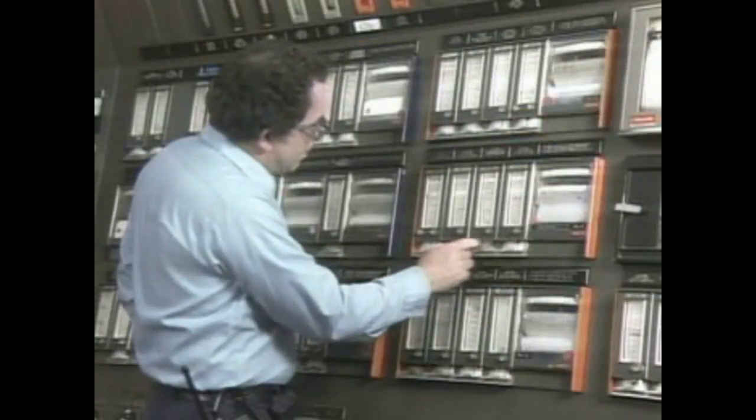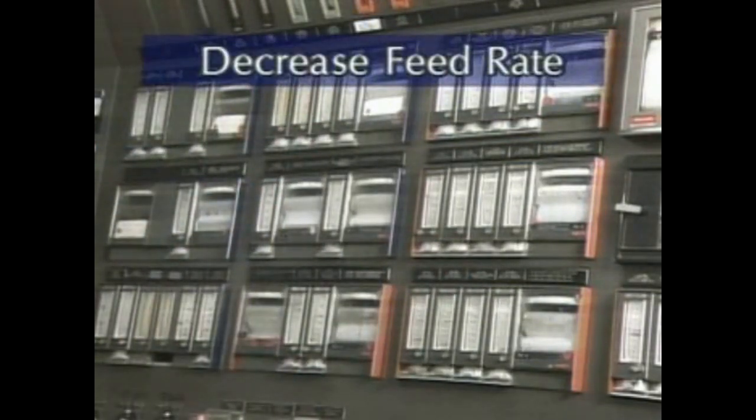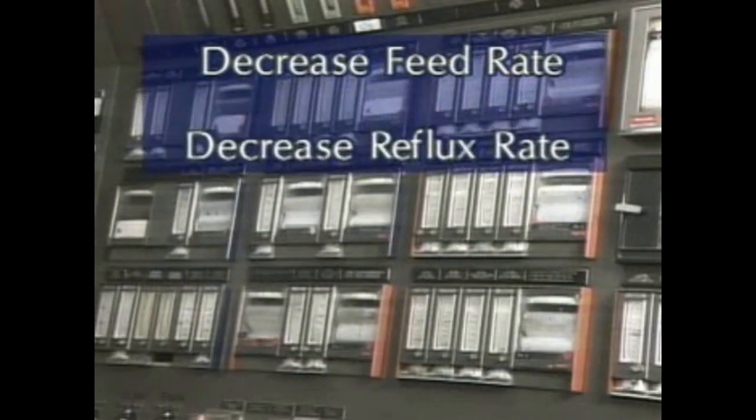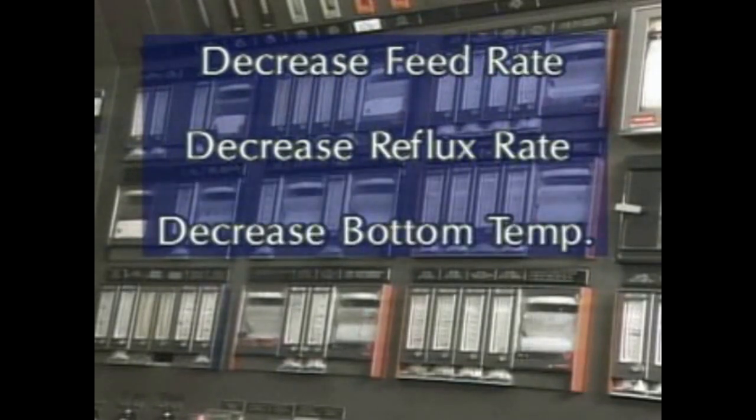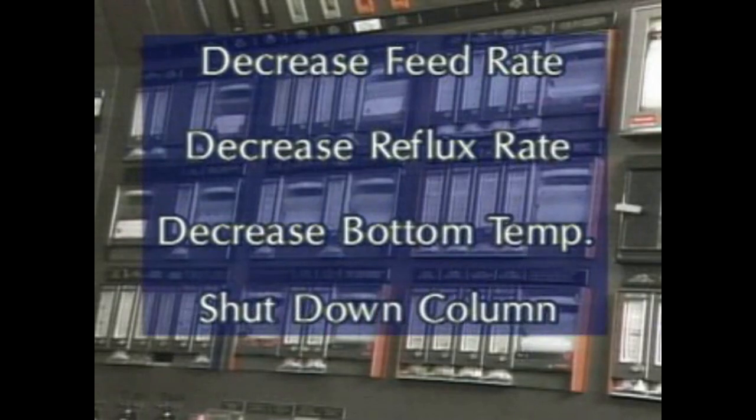Now, some of the more common methods used to eliminate a flooding problem involve temporarily decreasing the feed rate, the reflux rate, or both to reduce the amount of liquid in the column, and decreasing the bottom temperature to reduce the flow rate of vapor up the column. In extreme cases, it may even be necessary to shut down the column so that the problem can be corrected.